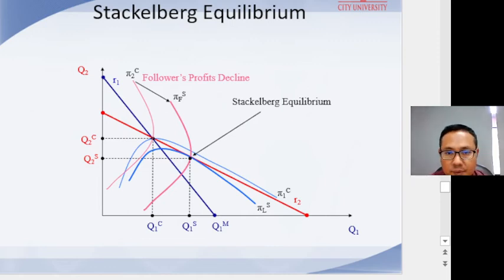Firm 2 is the follower and maximizes profit given the output produced by the leader. Because the follower produces after the leader, the follower's profit maximizing level of output is determined by its reaction function, normally denoted by R2.